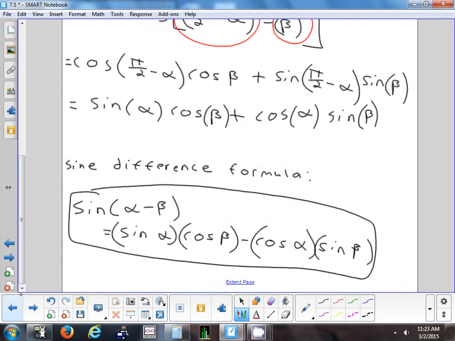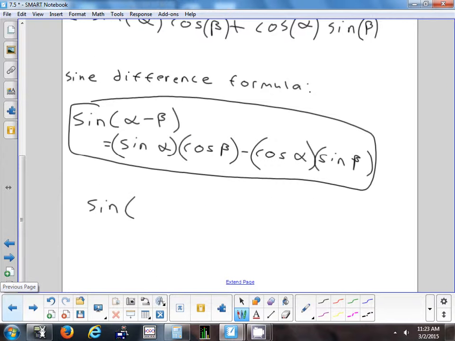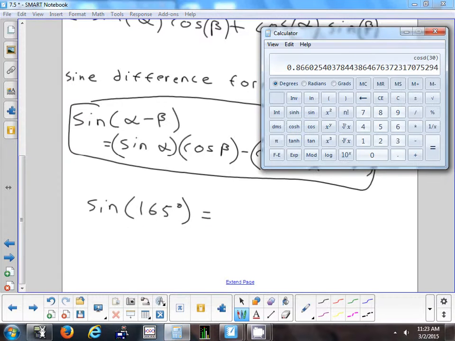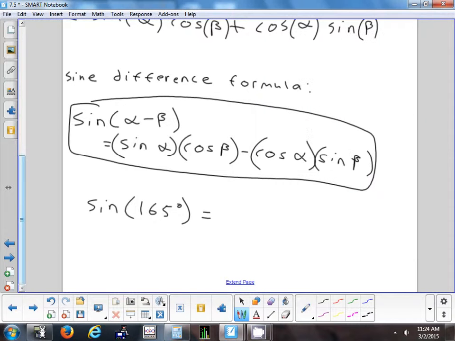Okay, let's just try this one. Okay, 165, it is a multiple of 15. If you weren't sure, you could always check. It's 15 times 11. So there is a way to do this. Anybody give me a way to split up 165? You could do it as a sum, or you could do it as a difference.